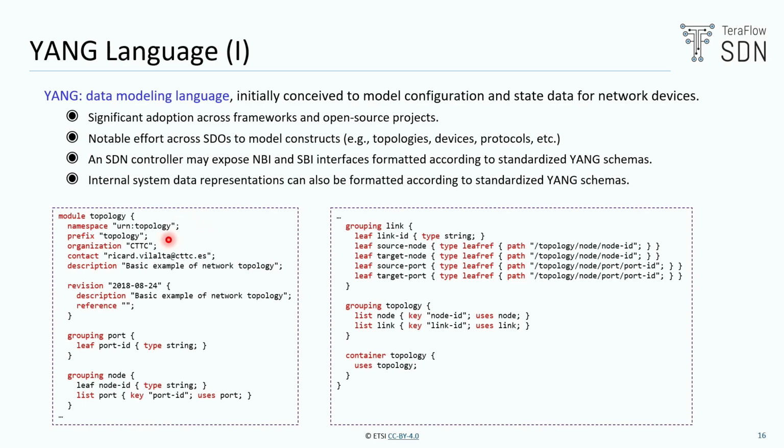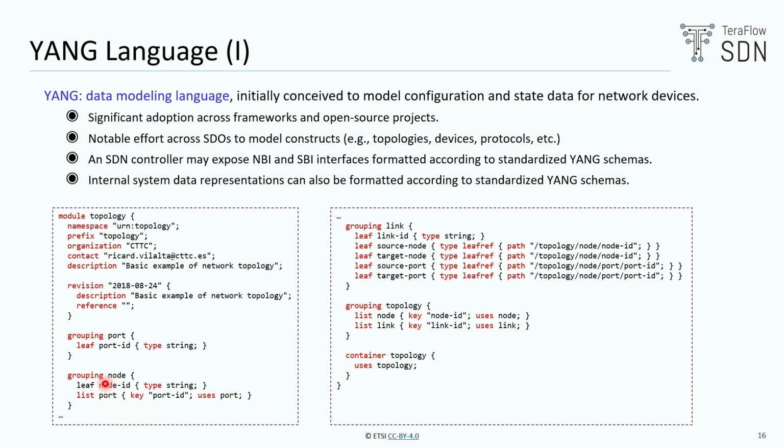Okay, what I can do is define, at the top level, which is at the bottom here, a container named topology, and inside topology I use a group named topology that contains a list of nodes and a list of links, as I was mentioning. Each of these lists has a key that uniquely identifies the internal elements of the list, and each element is represented as a group node, group link.